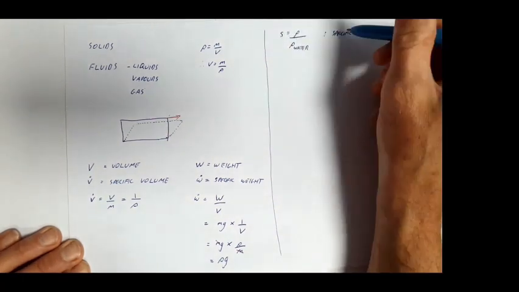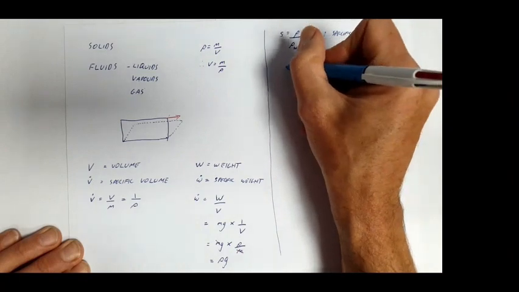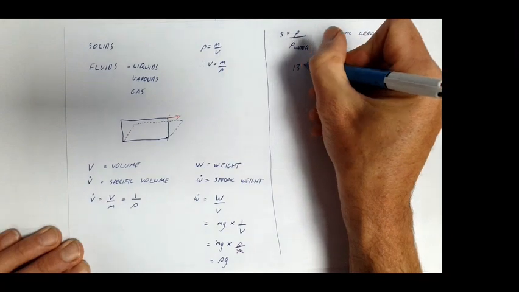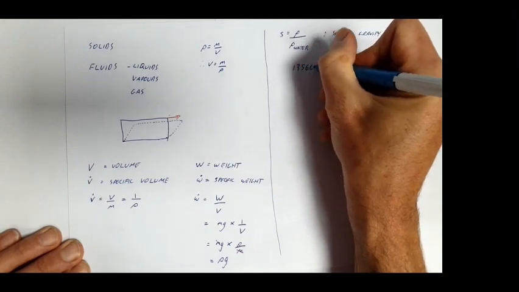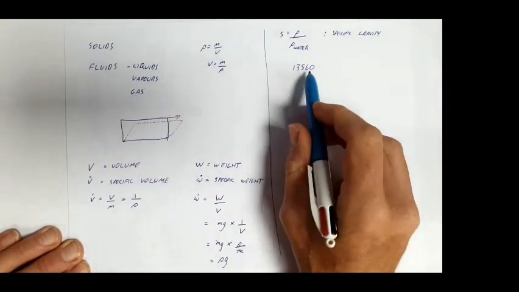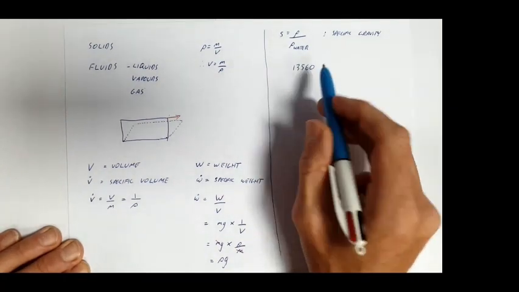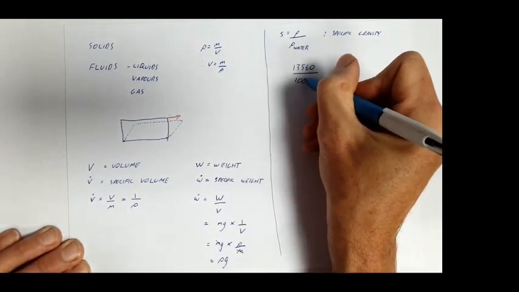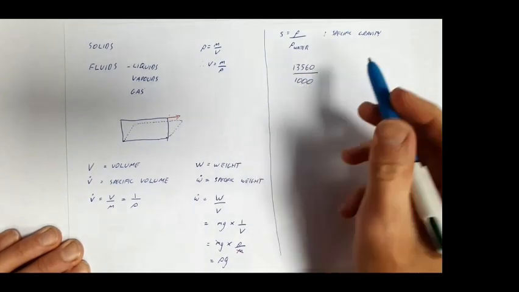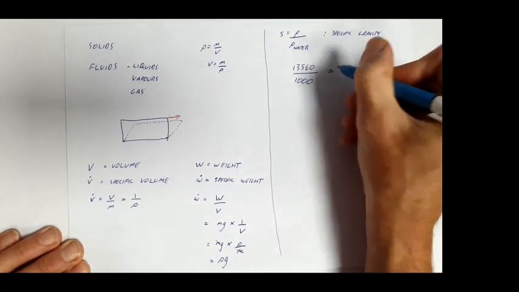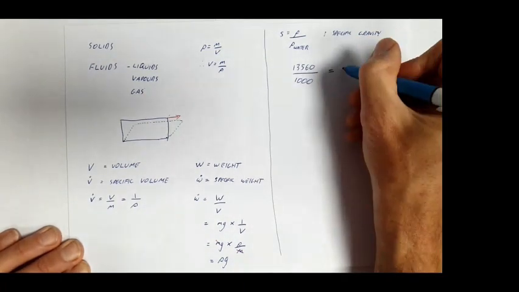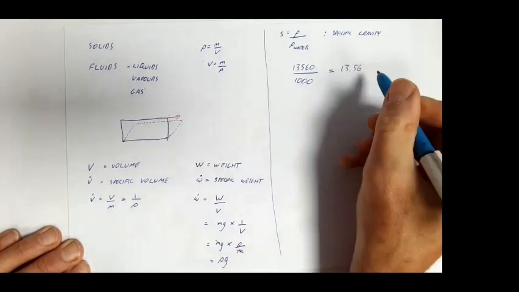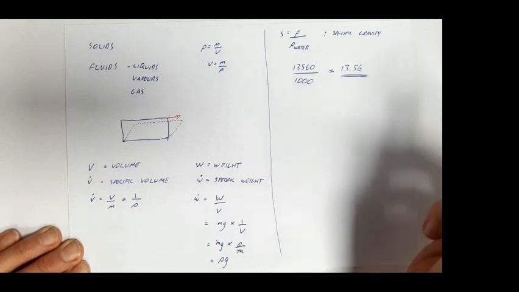If we talk about the specific gravity of mercury, for example, it is 13,560, that's the density of mercury in kilograms per meter cubed, divided by the density of water, which is 1,000 kilograms per meter cubed. So therefore, the specific gravity of mercury would be 13.56.